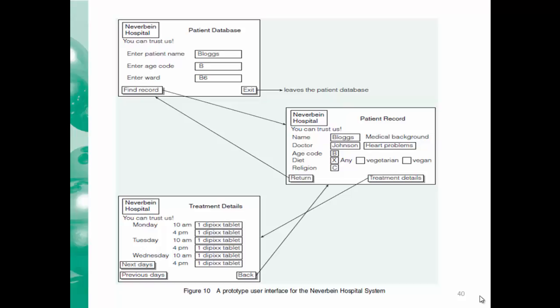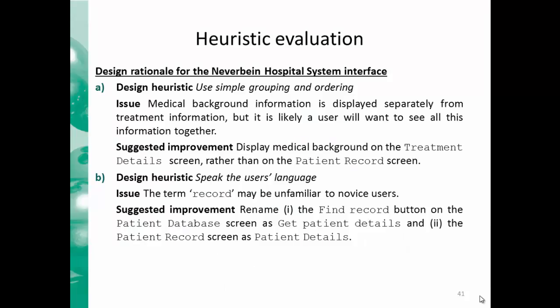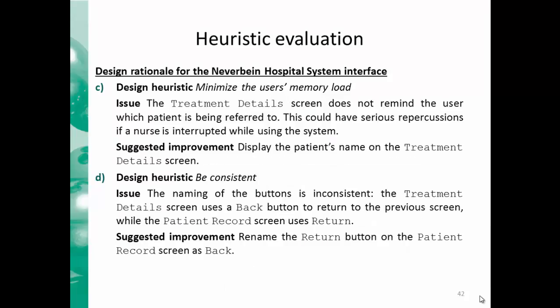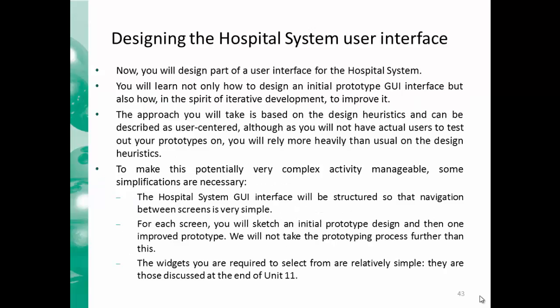Every screen has an exit button. Sometimes you call it exit, sometimes back, sometimes return. It is a way for the user to go back to previous screens or to go out of the screens they are in. Further discussion of the design is given in these slides.